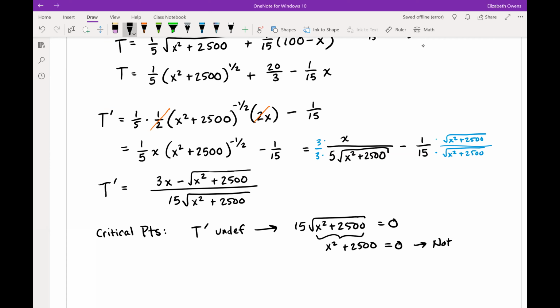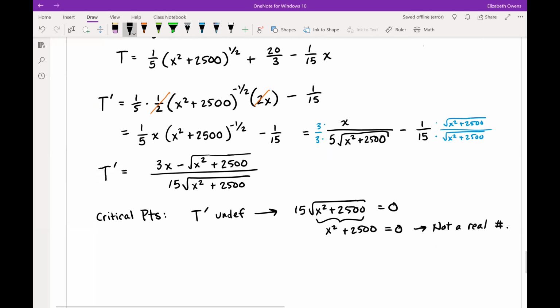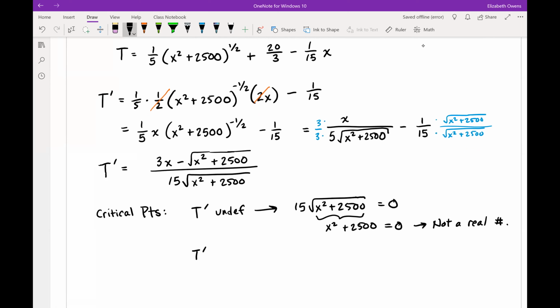So this is not a real number. Okay, so we're not going to get any critical points from t prime being undefined. So let's focus on where t prime equals 0.